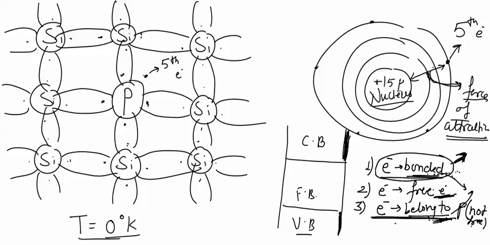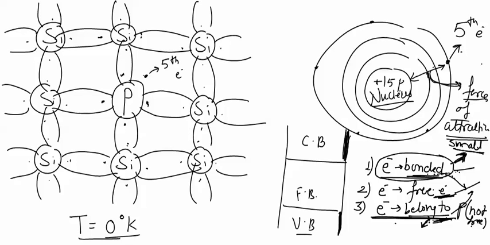So we can say that this electron possesses different energy from the other two electrons. Also we have seen that this electron belongs to phosphorus due to a force of attraction which is very small, and if we can overcome this force, we can move this electron to the conduction band. Means this electron can take part in conduction.